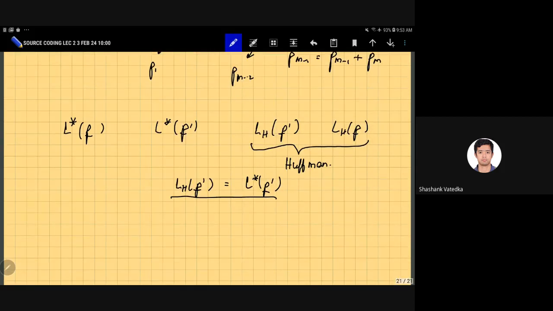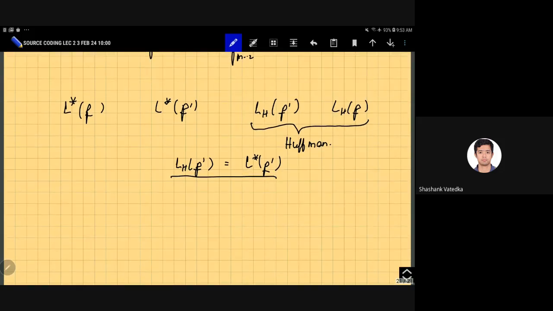So let us first start with L star of P. This is the summation of Pi Ki star, i going from 1 through m.